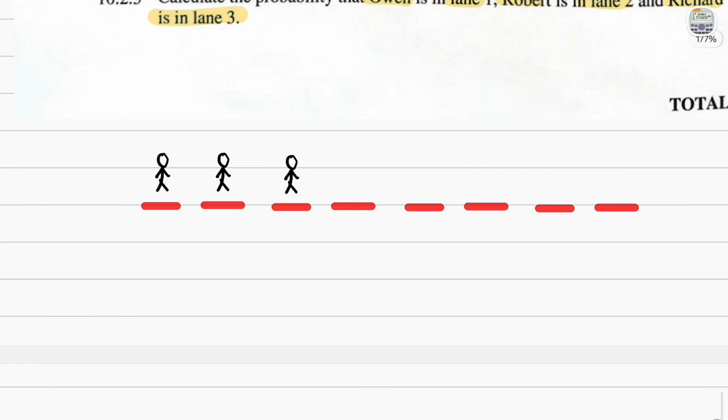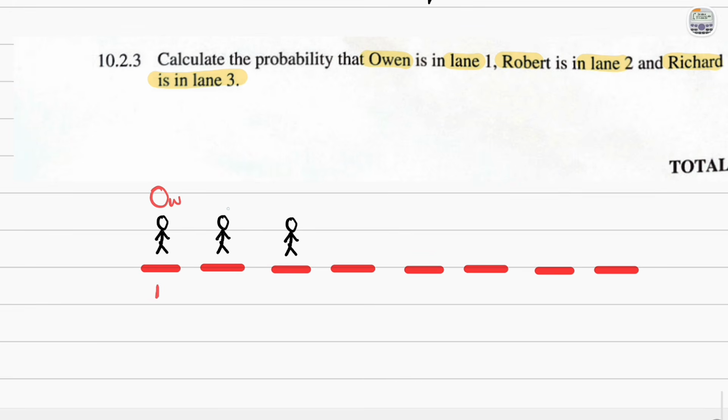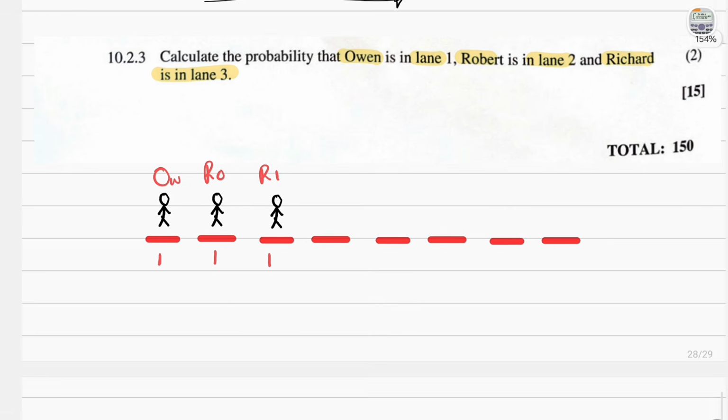Owen is in lane 1. If Owen must be in lane 1, then there's only one position that Owen must stand in, so Owen only has one choice. Robert must be in lane 2, so Robert also has only one choice, lane 2. And Richard also has only one choice of a place to stand in.